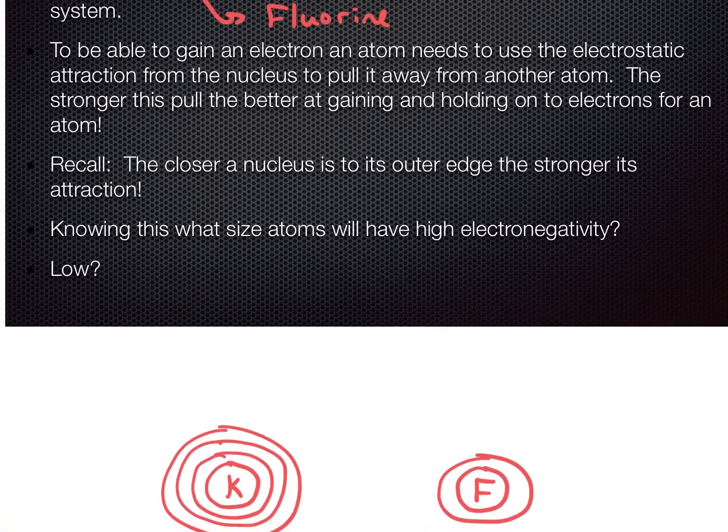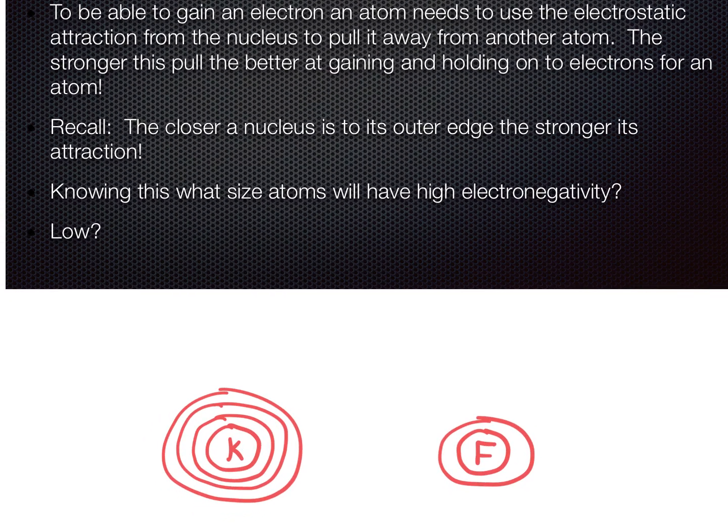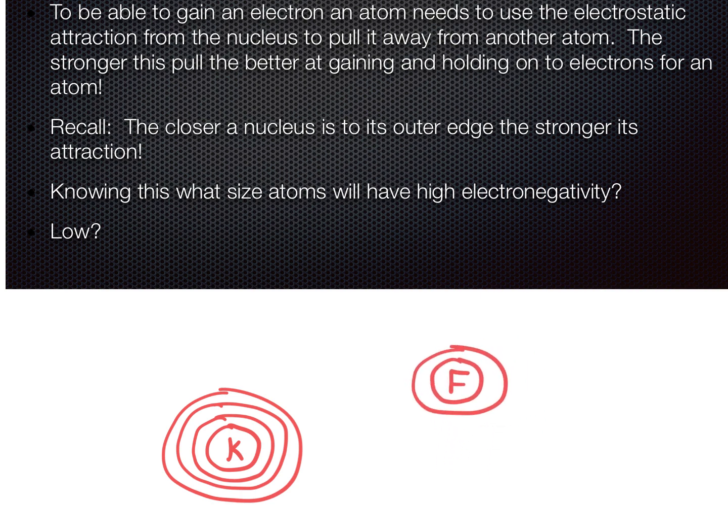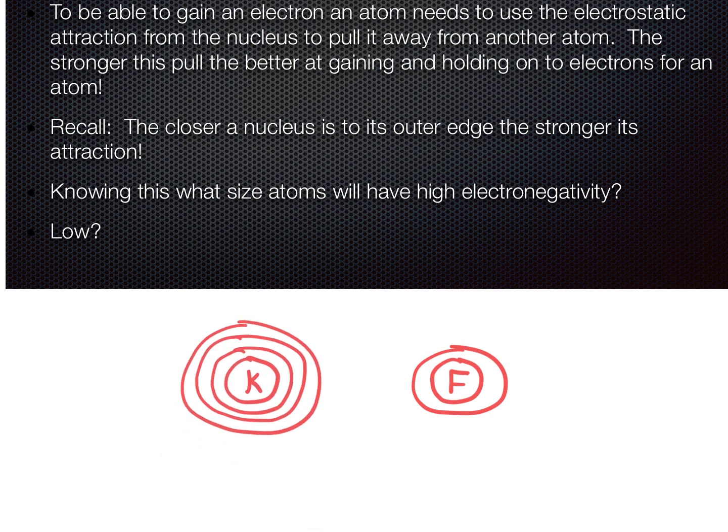Now let's scroll down here to give myself a little bit of space so I can do a little illustration about how this works. Now, let's take, for example, a small element like fluorine. Fluorine has 9 protons in the nucleus, and it is a very small element compared to something like potassium here, which has 4 energy levels of electrons. That's why I have 4 energy level rings, as you can see.